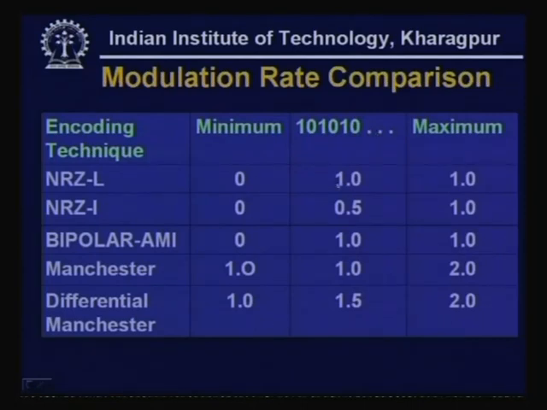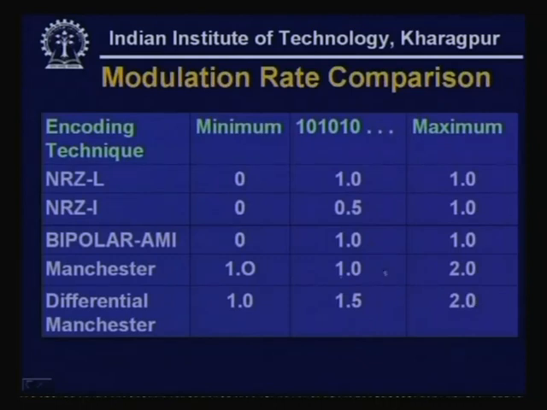For NRZ-L it is 1, for NRZ-I it is 0.5, and for bipolar AMI it is 1.0, for Manchester it is 1.0, for differential Manchester it is 1.5. And look at the maximum. The maximum occurs in case of Manchester and differential Manchester, say 2.0, 2.0.